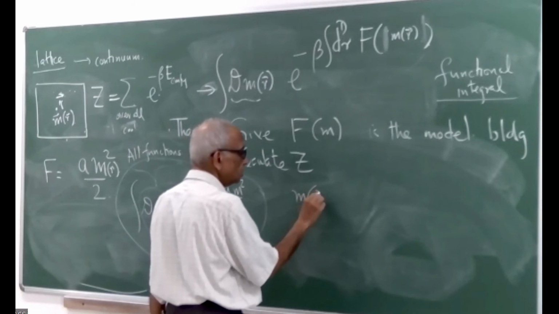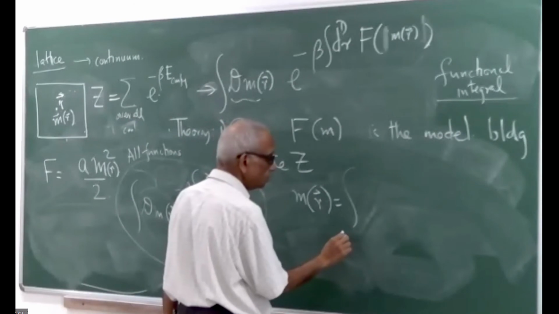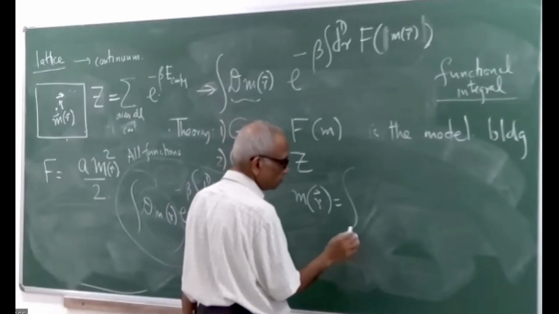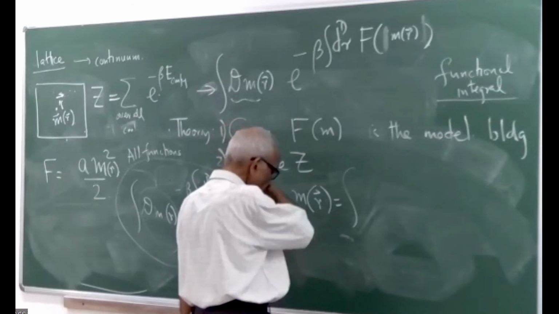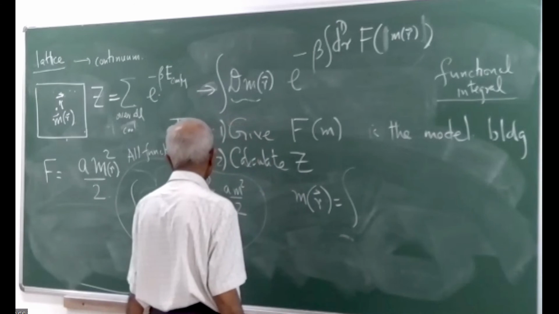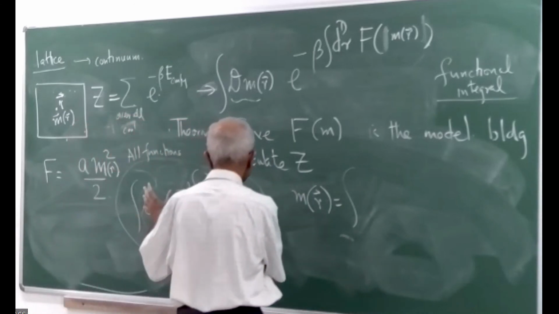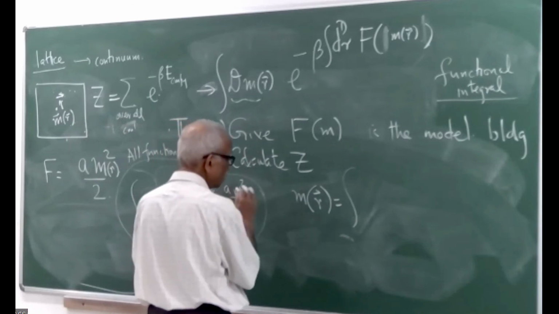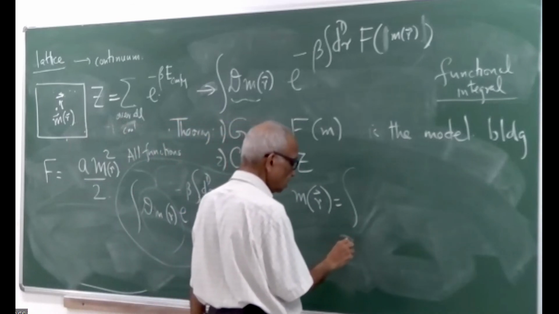So I write m of r equal to the integral. In general, m is all right; we are working with a scalar m right now. Taking it to higher-component m's is not so problematic.